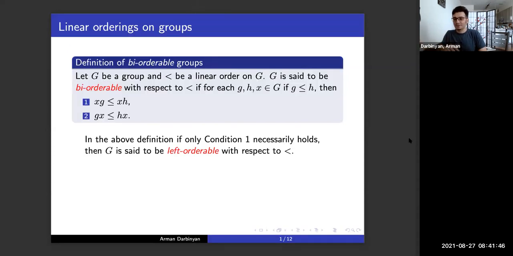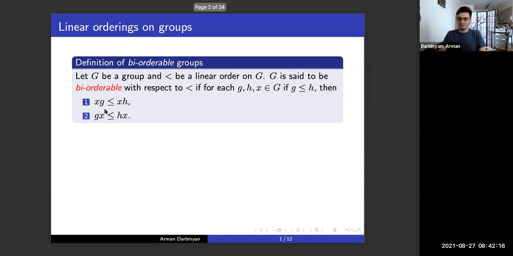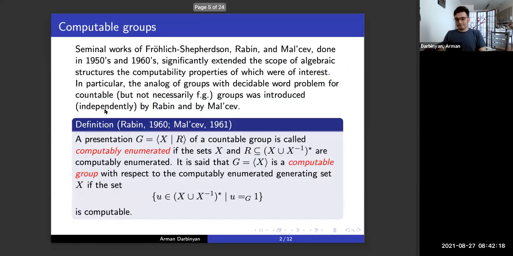First of all, we define bi-orderability or left orderability on a group. It's a linear order so that, in the case of left orderability, the order is invariant under left multiplication, and in the case of bi-orderability, it is invariant under simultaneously left and right multiplication, as given here by conditions 1 and 2.